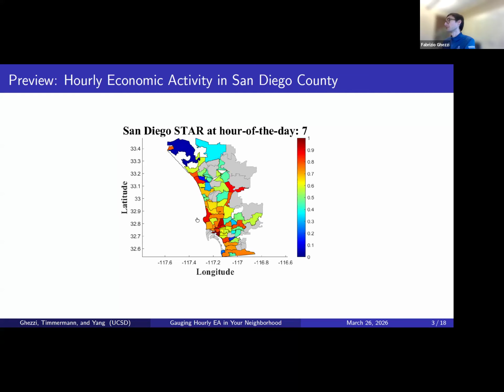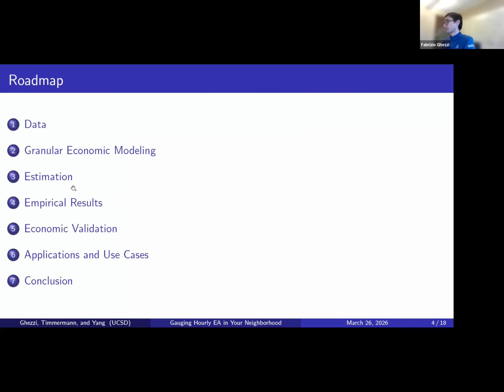At 12 p.m., in the middle of the day, there's a lot of economic activity going on. But as we move throughout the day, and look at night, 1 a.m., there's not much economic activity going on. There's also a lot of dynamic change in the spatial dimension as well. So this is basically what we do in this paper.